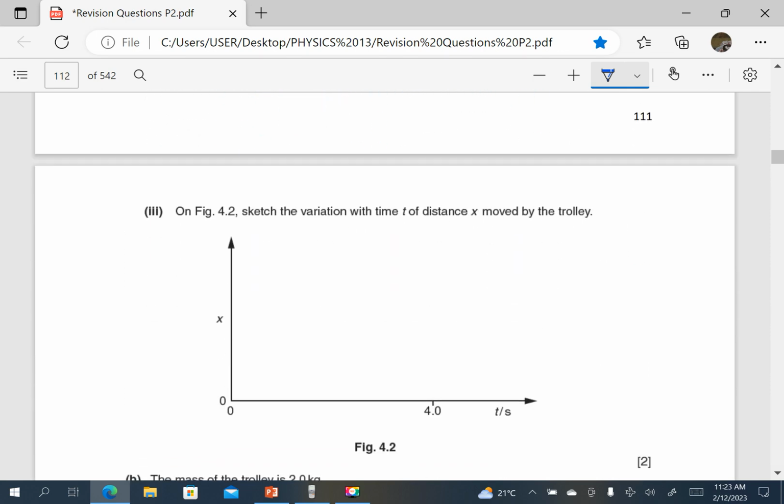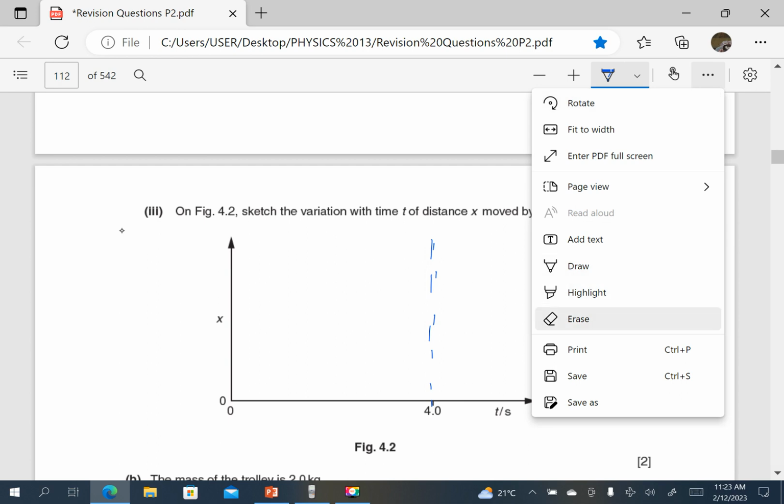On the figure, sketch the variation with time t of distance x moved by the trolley. The speed is increasing. That means the gradient of the graph must be increasing. And if I am to stop at 4.0, my graph should be steeper at 4.0.